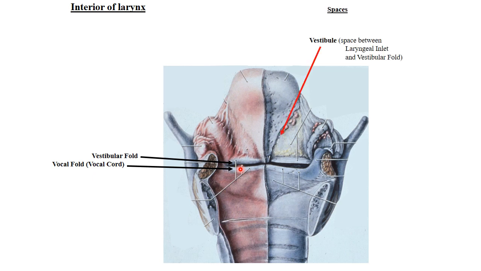Okay? We've got to deal with openings and spaces, and again, this opening coming around like this, that's the laryngeal inlet or laryngeal aditus, and then there's a space between that opening. Talk about openings and spaces, just to be clear here. When you think about a house or a building, a room is a space, and there's an adjacent room, which is also a space.